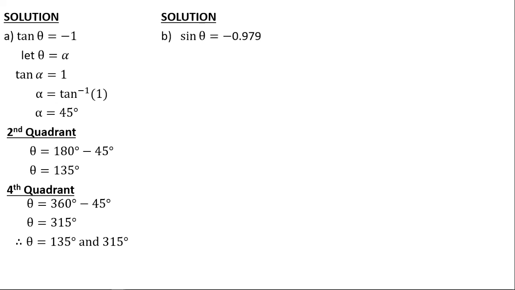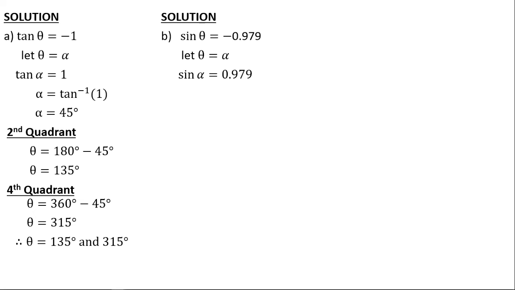Part B, sine theta equal to negative 0.979. So what we are going to do is to replace a positive where there's that negative. Sine is negative in the third and fourth quadrants. So we are going to say, let theta equal to alpha.